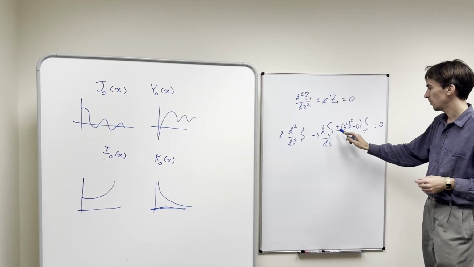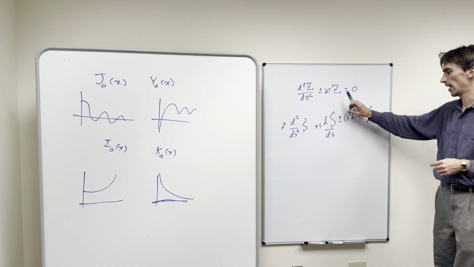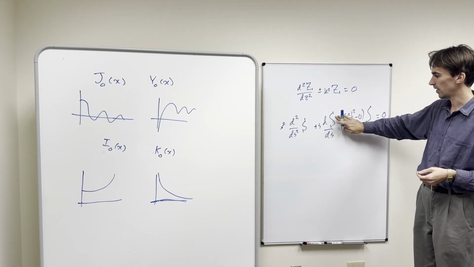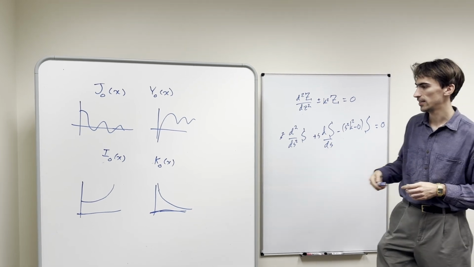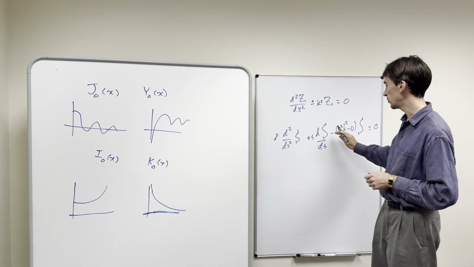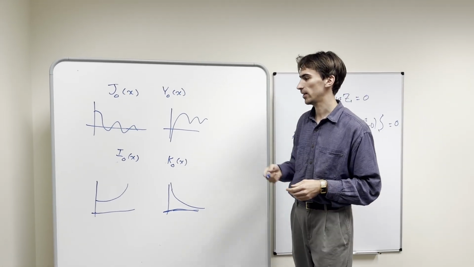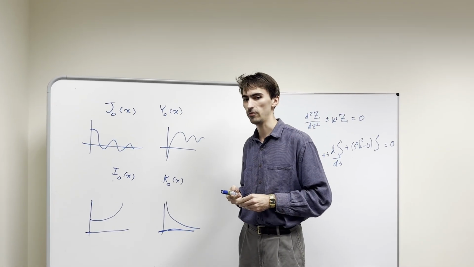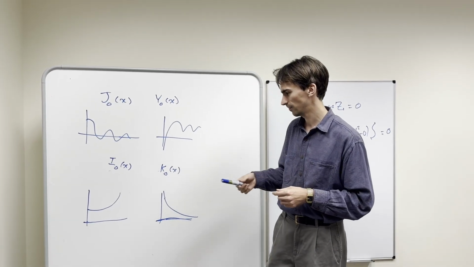In the case where we chose the opposite sign for k, and we had minus here, we would get the modified Bessel functions. So to determine that this should be a plus, we had to look at just the graph of these functions and match those to the physical situation.